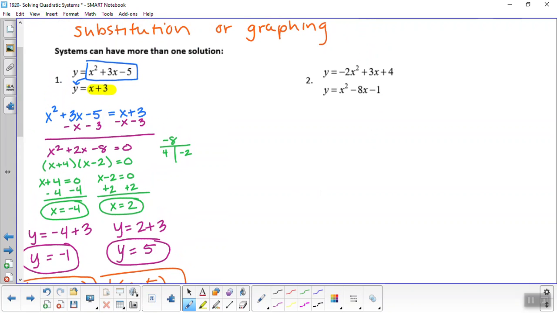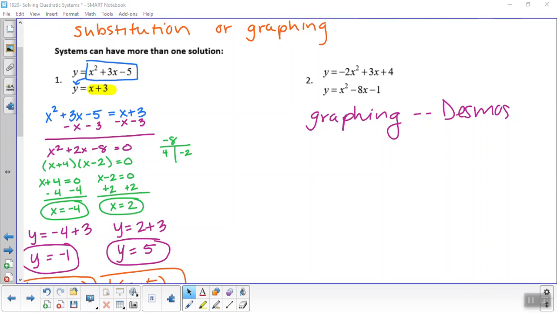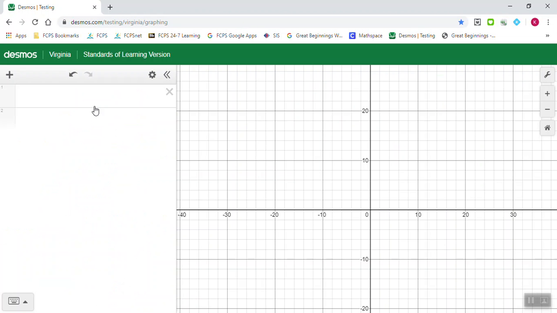Now, with number 2, I'm going to tell you right now we have to do this by graphing. So we are going to use Desmos. All right, so let me go to Desmos, and I'm going to type both in.